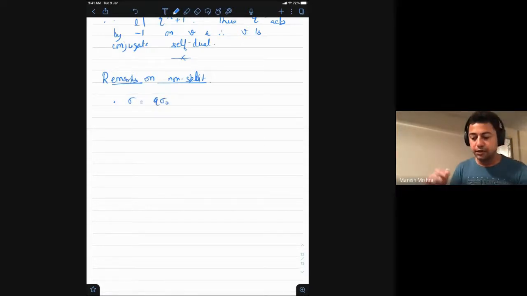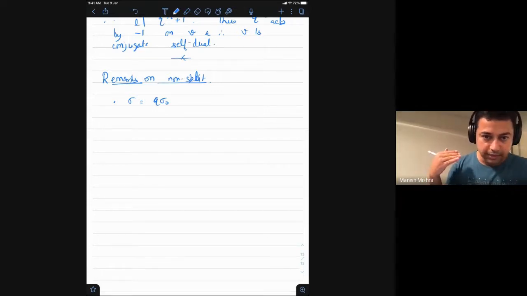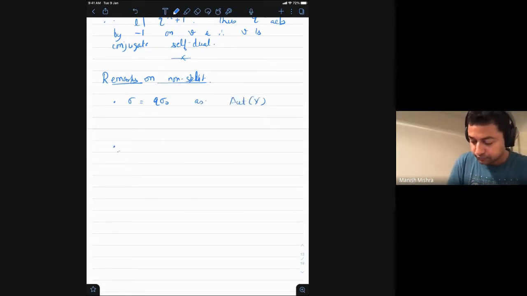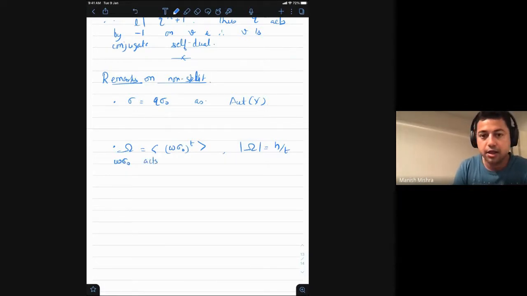So it does not act by q, but by q times some finite order automorphism sigma naught, and omega is generated by this small omega, sigma naught to the power t, and the Weyl group has order h mod t, and sigma naught to the power t acts on L by q to the power t.